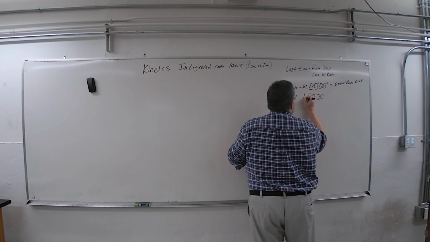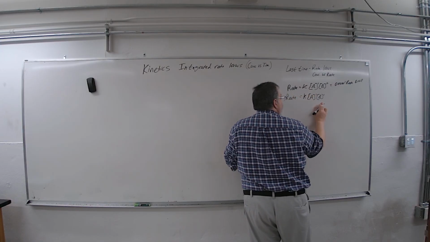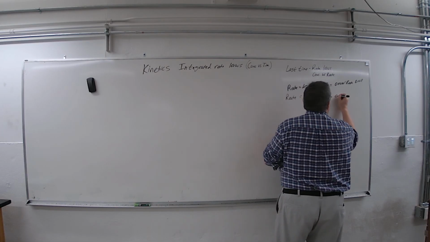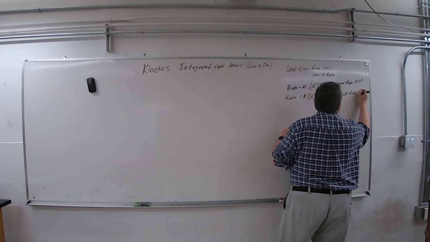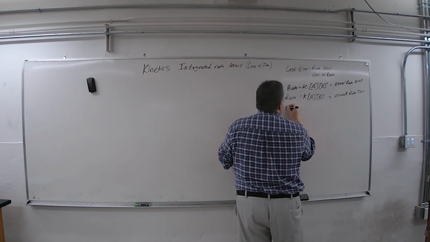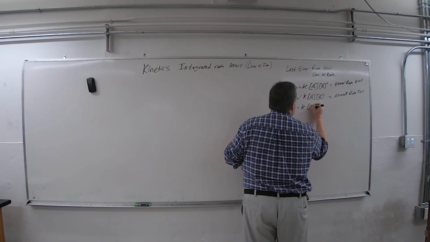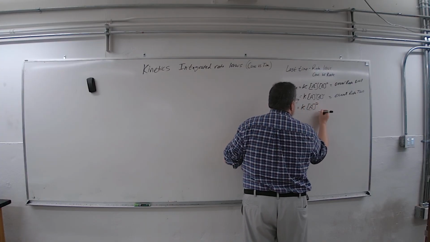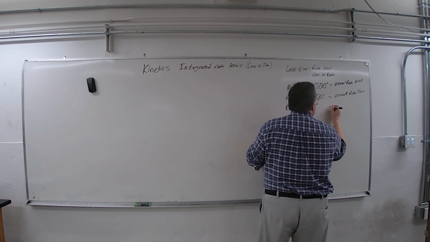If we had that, what's the overall rate for that? 2. We could also get a rate 2 if that was 2. And B was a 0, so we just didn't include it.